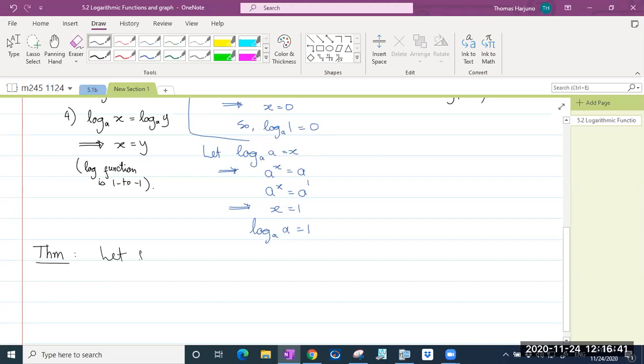Let f(x) equal a to the x for a positive and not equal to 1. So basically a regular exponential function. Then the inverse function of f(x) is log base a of x. What I want to say is that log function is the inverse of the exponential function.